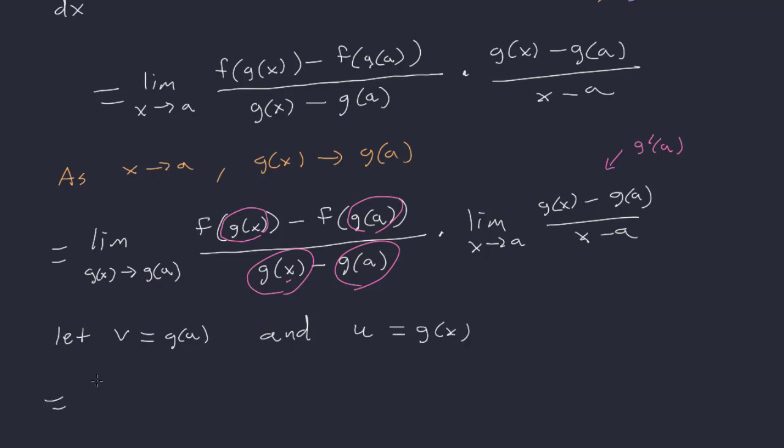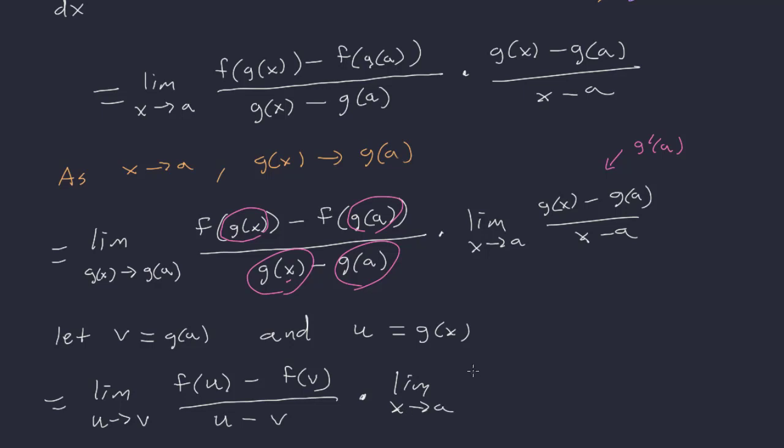What this ends up giving us is the limit as u goes to v of f of u minus f of v all over u minus v, times the limit as x goes to a of g of x minus g of a all over x minus a.